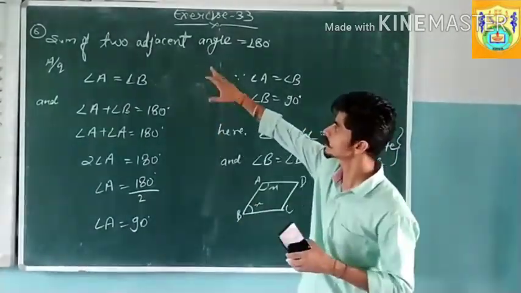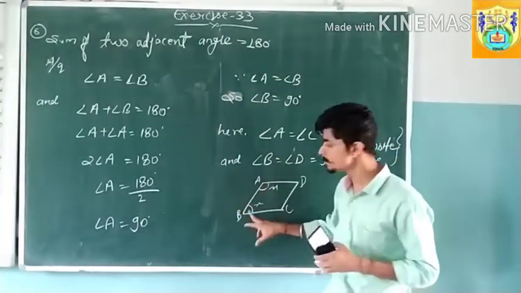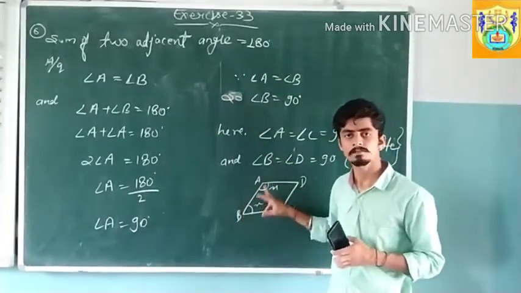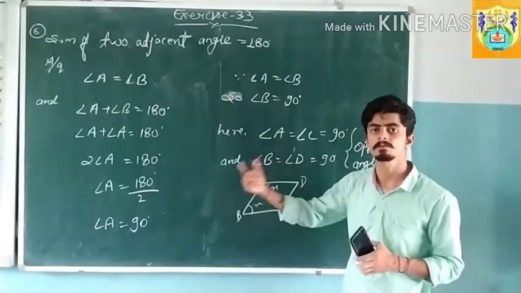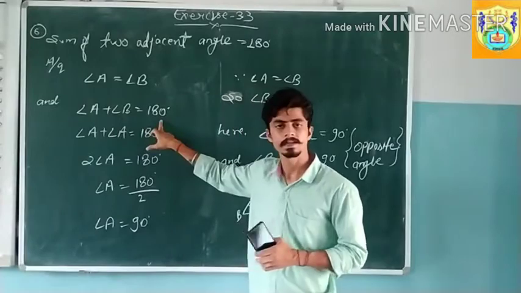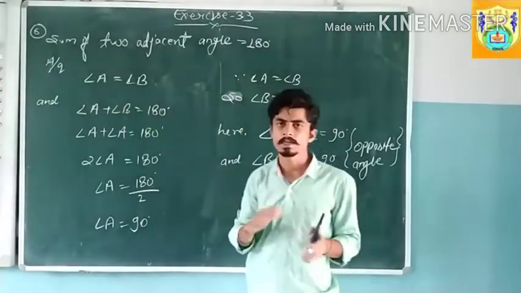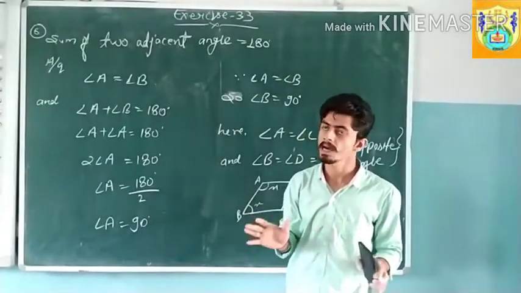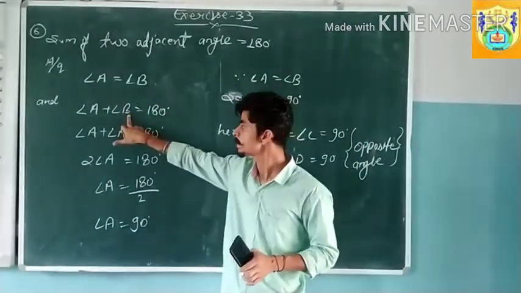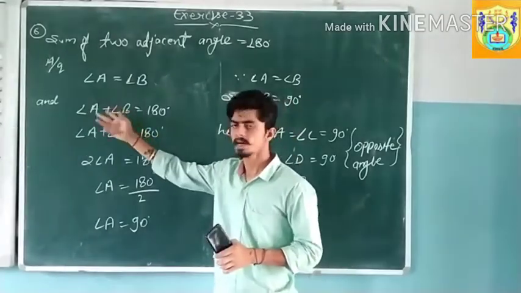And as we know that the sum of adjacent angles is 180 degrees, that means the sum of these both particular angles will be equal to 180 degrees. So angle A plus angle B is equal to 180 degrees. From here, angle A is equal to angle B, so we are putting angle A in the place of angle B, because both are equal.